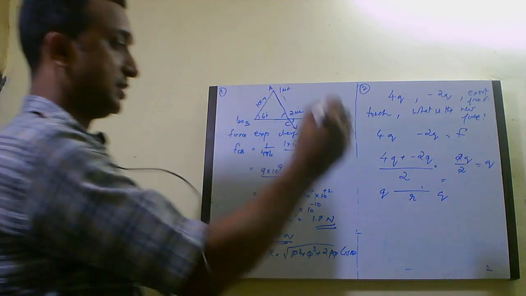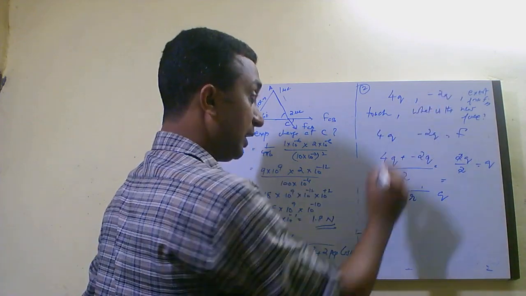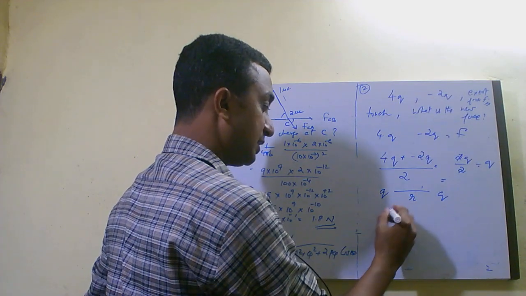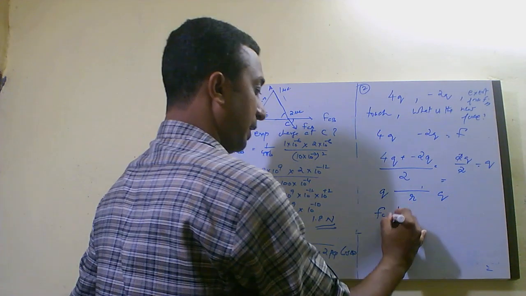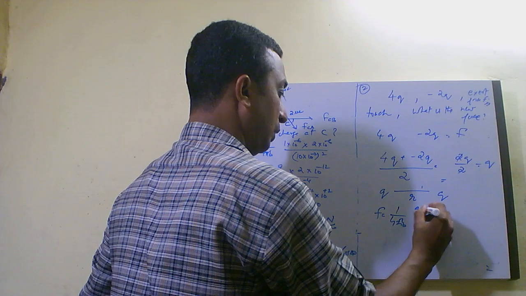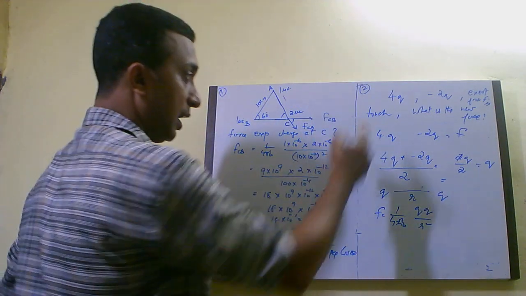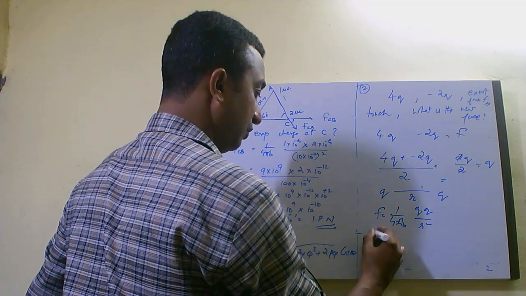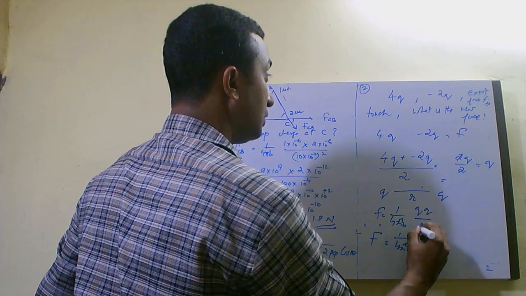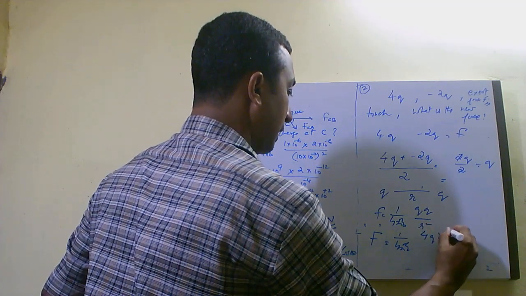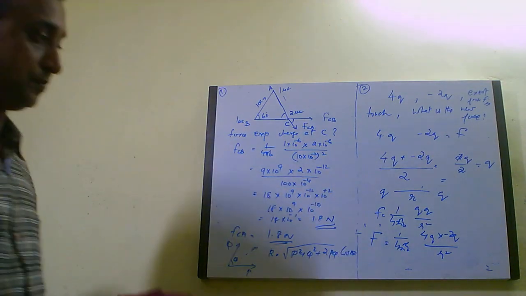We don't know what the distance is, but we know the force which is exerted. So in this case the force will be equal to 1 by 4 pi epsilon 0 q into q by r square. In the other case, the given force, capital F, was equal to 1 by 4 pi epsilon 0 4q times minus 2q by r square, when you write it in equation form.